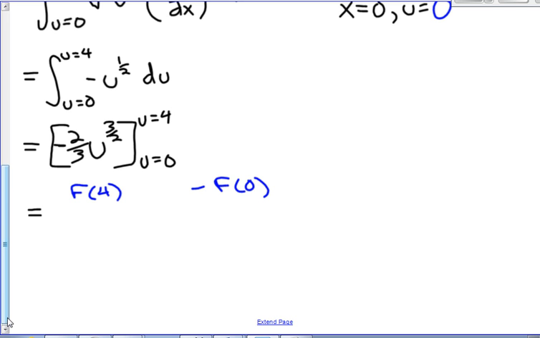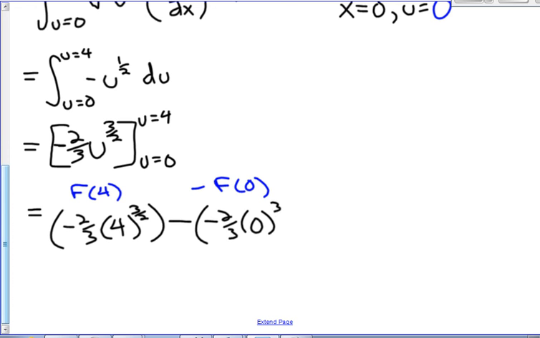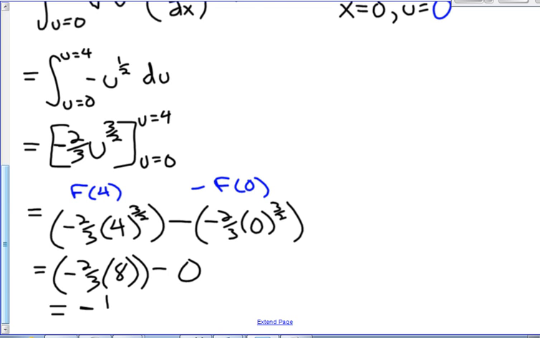So that will be negative 2/3 times 4 to the 3 over 2 minus negative 2/3 times 0 to the 3 over 2. Or negative 2/3, 4 to the 3 over 2, that's square root of 4, which is 2, cubed is 8, minus 0. When we're done with this whole thing, we should end up with negative 16/3.